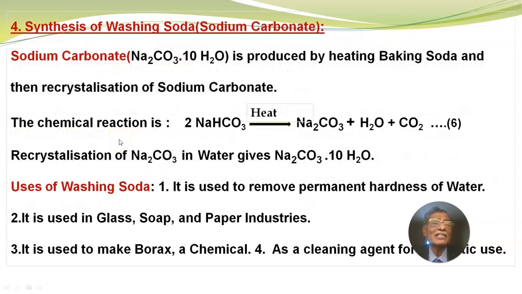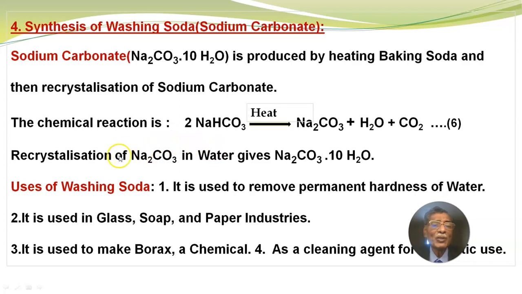Now let us discuss synthesis of washing soda, sodium carbonate. Sodium carbonate, the formula being Na2CO3·10H2O, is produced by heating baking soda and then recrystallization of sodium carbonate. The chemical reaction is 2NaHCO3 upon heating produces Na2CO3 plus H2O plus CO2.